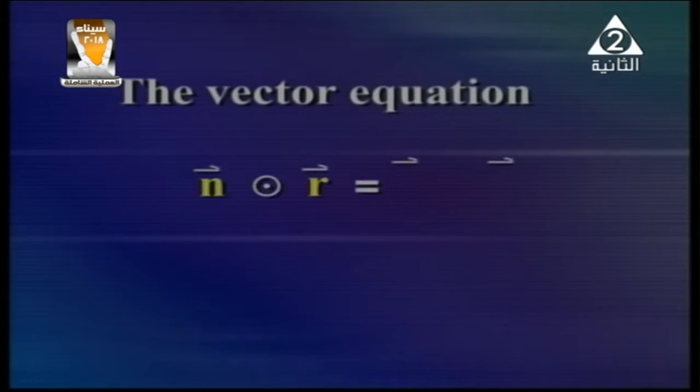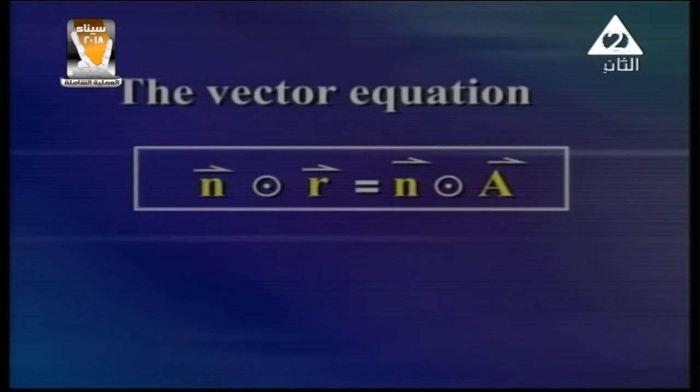Solution. The vector equation has the form n vector dot r vector equals n vector dot a vector.